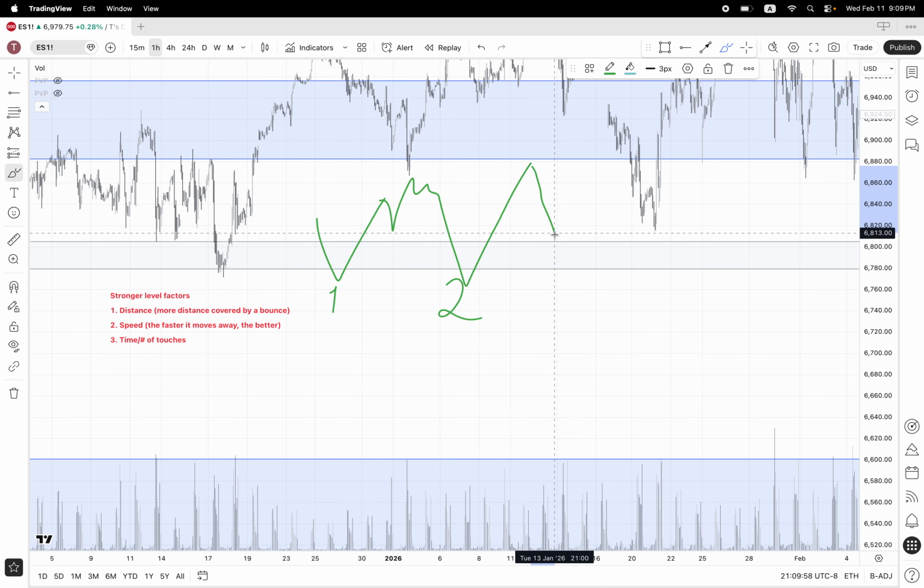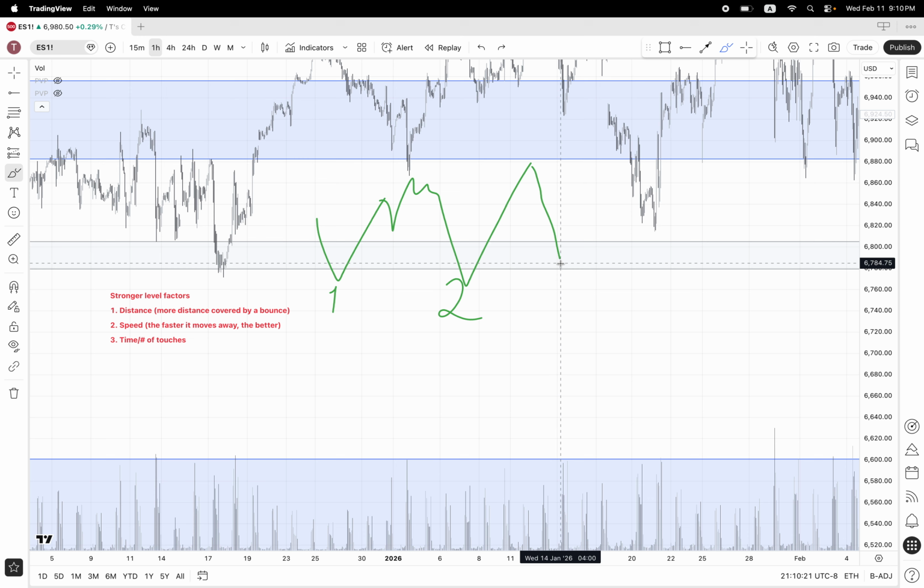So when it comes here a third time, usually it means that the level is getting weaker, because the price wants to test it again and see if there are actual buyers here who are going to step in and drive the price up. But just because it's coming back here, eventually the buyers are going to run out of ammo, so to say.